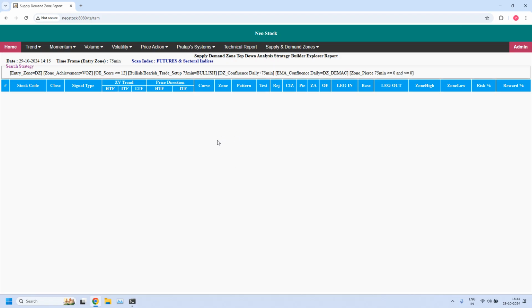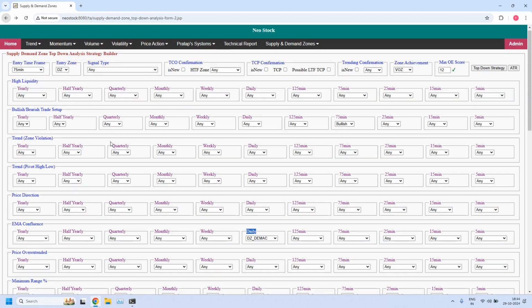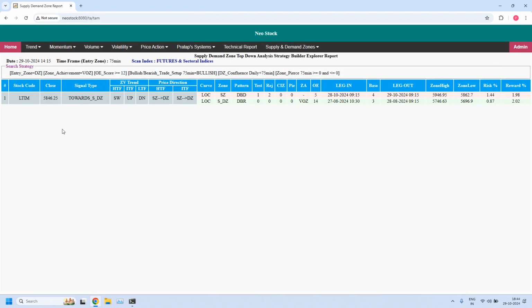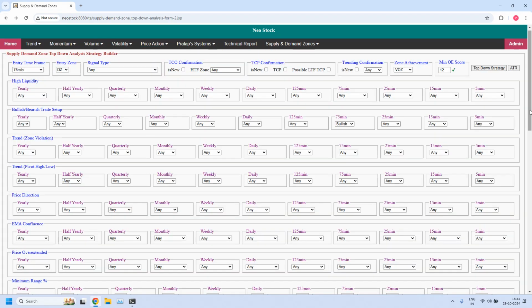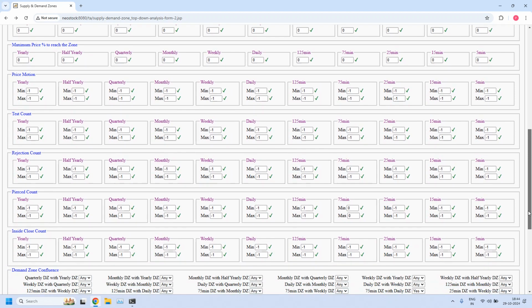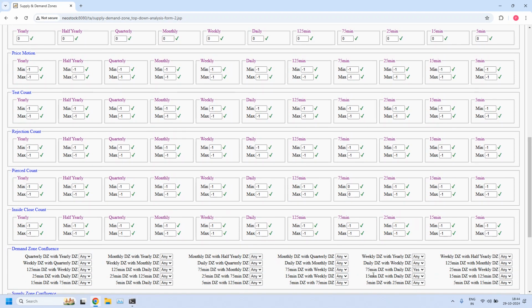No issues. Next, let us look for LTF, ITF, HTF confluence. Removing the EMA filter. Earlier without EMA, we got 2 stocks, right? Only one. So let's check whether it even has HTF confluence. 75 with daily is already enabled. 75 minutes demand zone with weekly demand zone confluence, and also daily demand zone with weekly demand zone confluence.